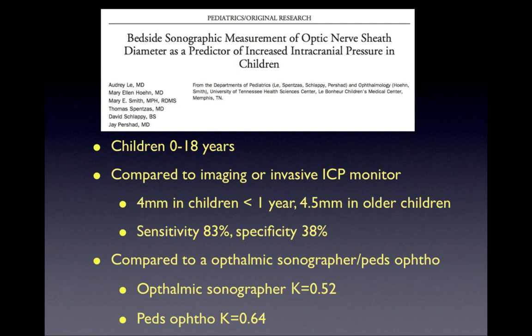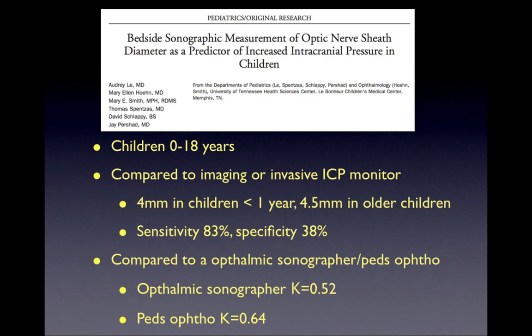So the emergency physicians, when using these cutoffs as predictors of increased intracranial pressure, their sensitivity was 83% and their specificity was 38%. As a second part of the study, they had an ophthalmic sonographer and a pediatric ophthalmologist also scan the patients, and these practitioners had a significant amount of experience doing ocular ultrasound.